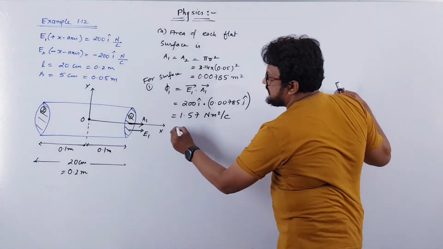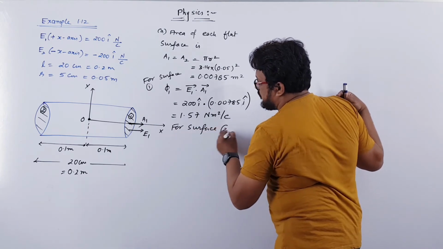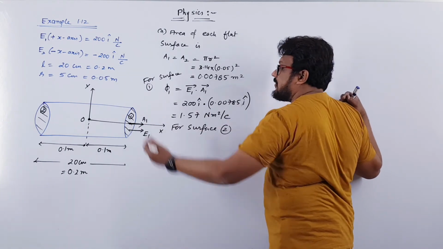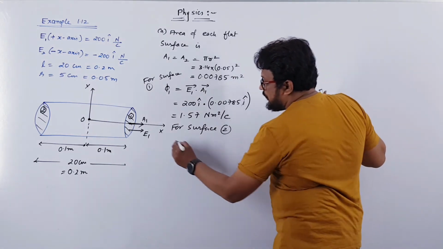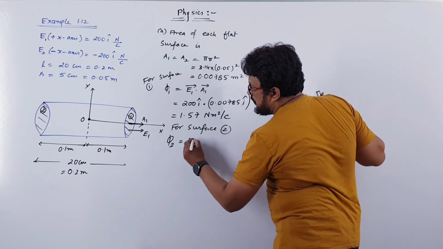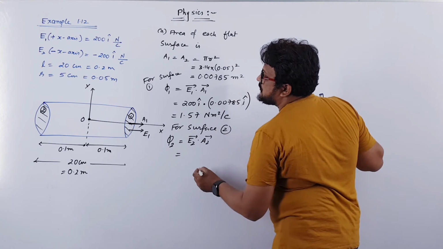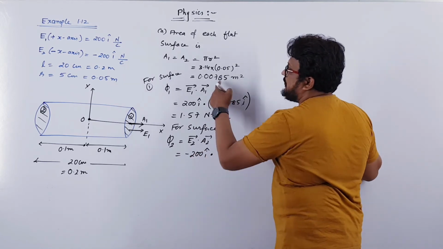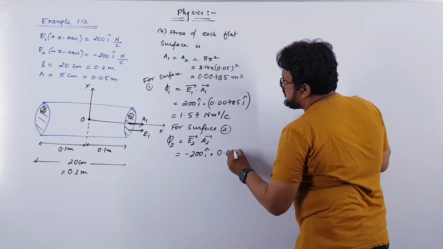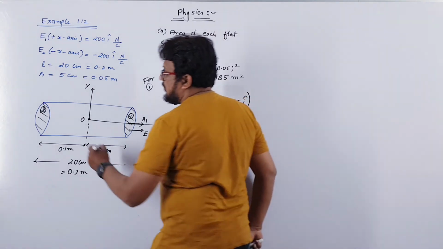Now for surface 2, we have given names 1 and 2, so we are writing 1 and 2. Phi 2 will be equal to E2 dot A2. Now E2 is actually minus 200 i cap, dot area 0.00785, but it will be along the negative x-axis.